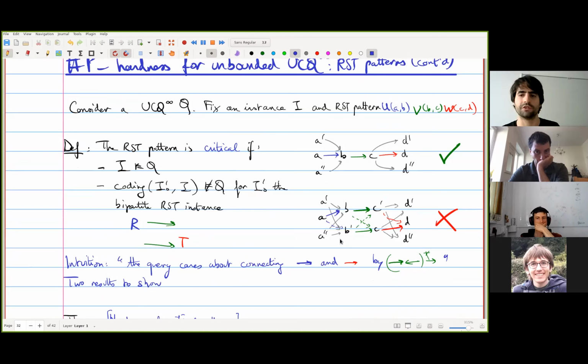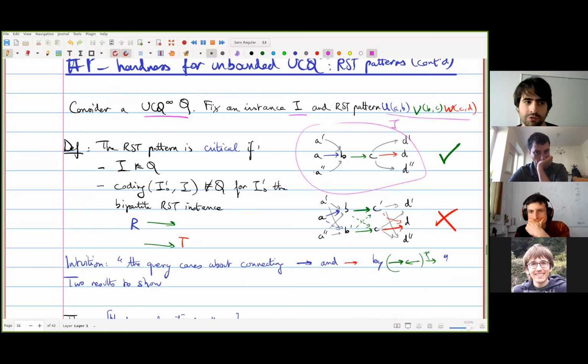And it turns out that I have my query of which I want to show the hardness. So now we have to choose an instance on which to do this kind of codings and on which to show hardness. So we fix some instance, so this is the instance, and some pattern, here is the pattern. And I can use a pattern to show hardness of the query on graph instances if the initial instance satisfies the query.